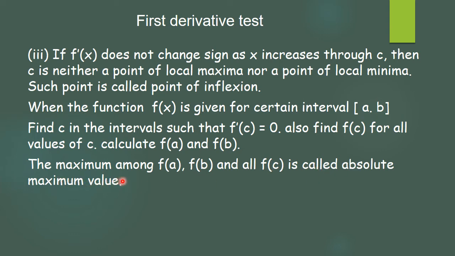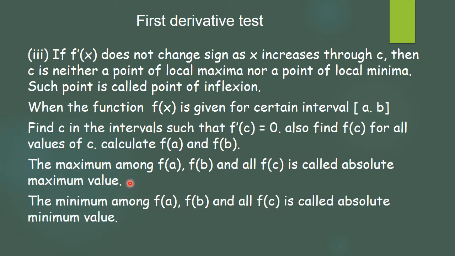So local maximum and absolute maximum are different. A local maximum point gives you the point at which the function becomes a maximum. For the absolute maximum, in the interval a to b, we calculate f of a, f of b, and all f of c. The maximum among all these values is called the absolute maximum value, while the minimum among all these values is called the absolute minimum value.